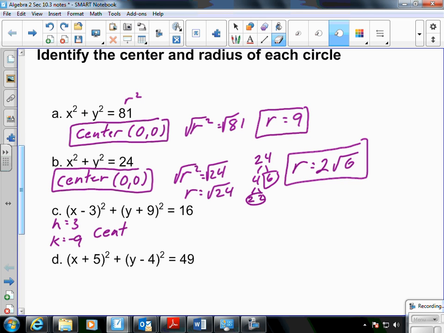Our center is the point (h, k), or 3, negative 9. And for the radius, set r squared equal to 16. Take the square root of both sides, so our radius is equal to 4.